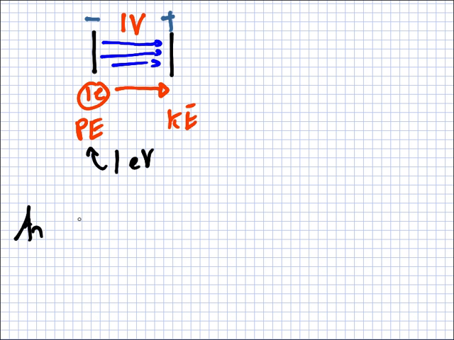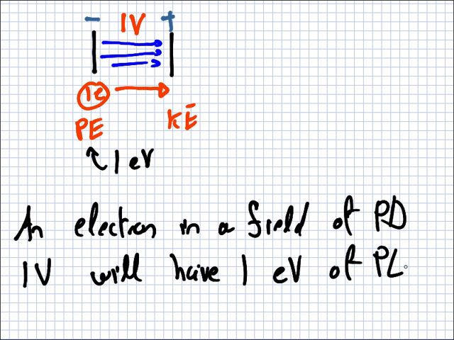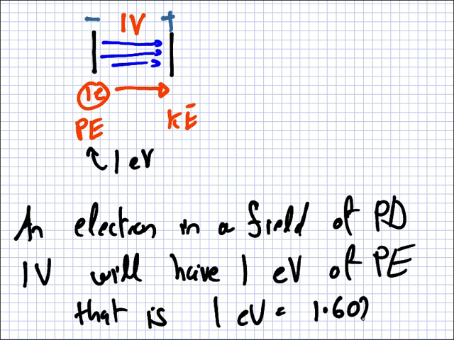So, an electron in a field of potential difference 1 volt will have 1 EV of potential energy. That is, 1 EV will equal 1.602 times 10 to the minus 19 joules.